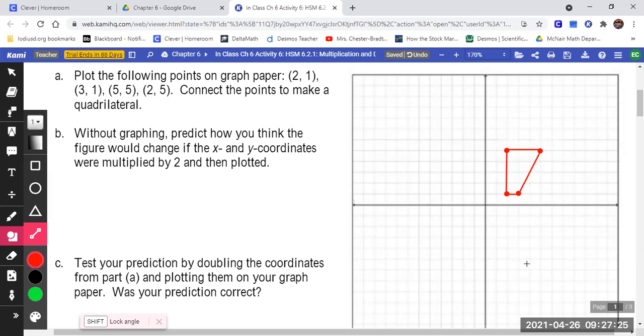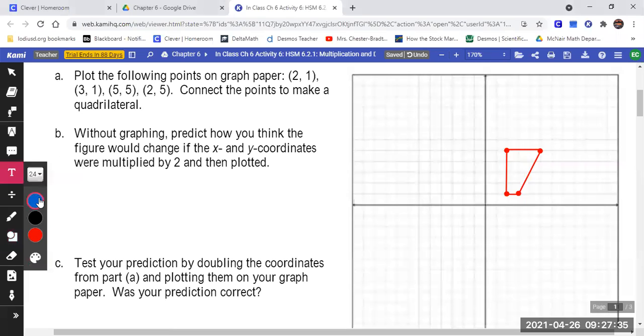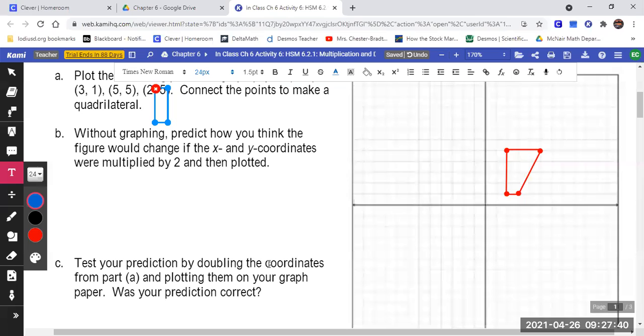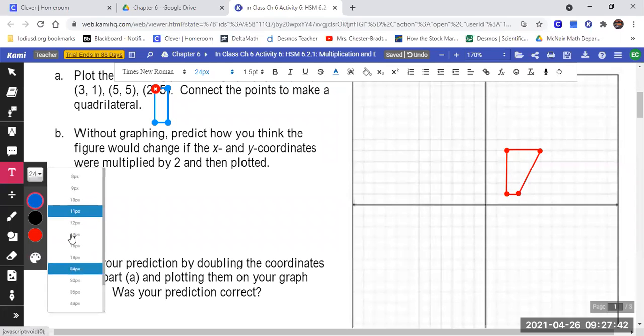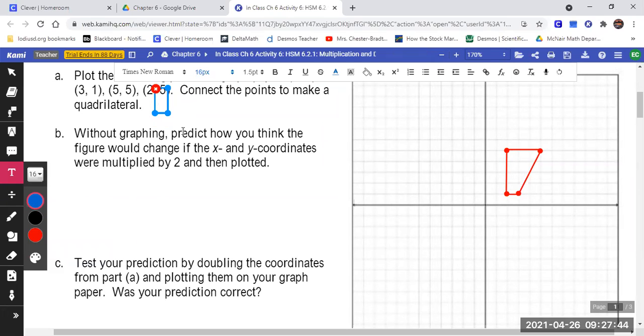Anyone know the fancy name for this shape that has one set of parallel lines? Give you a hint, it starts with the letter T. Anybody remember what it is?